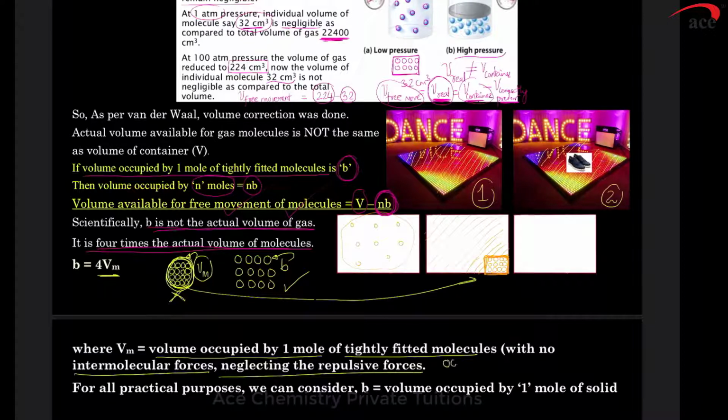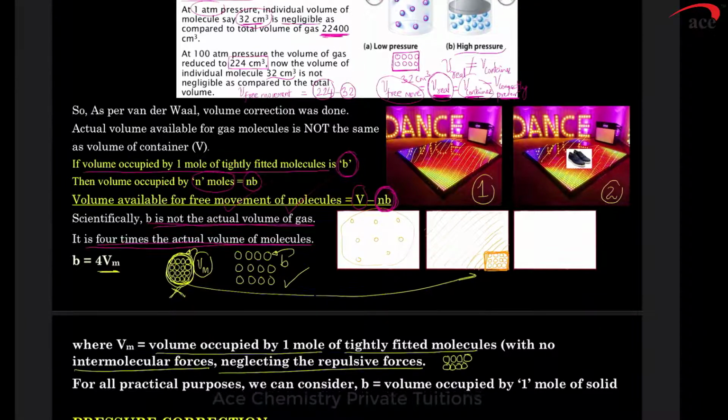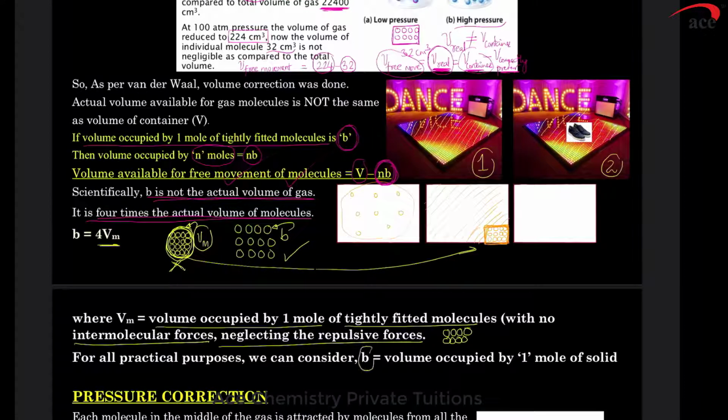That means you are keeping them edge to edge like this. But for all practical purposes, b is also the volume occupied by 1 mole of a solid. Even a solid will try to arrange like this, not like this, because in a solid also repulsive forces will be avoided. So you can remember b can be considered the volume occupied by 1 mole of solid, and nb is the volume occupied by n moles of solid.